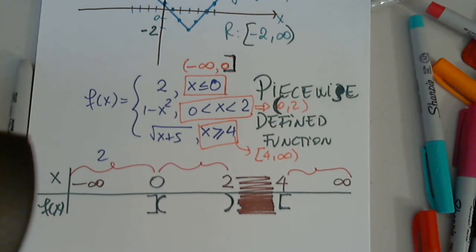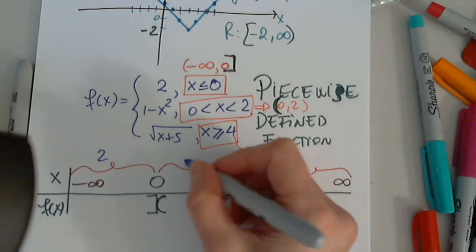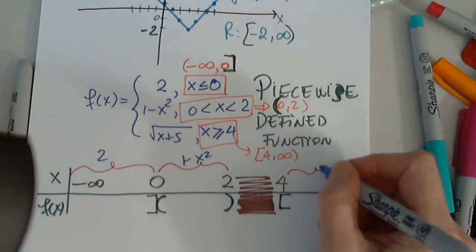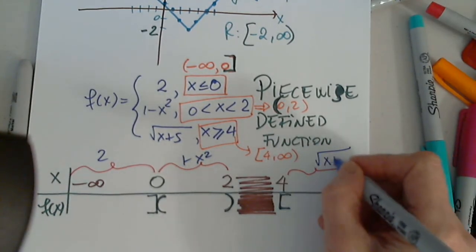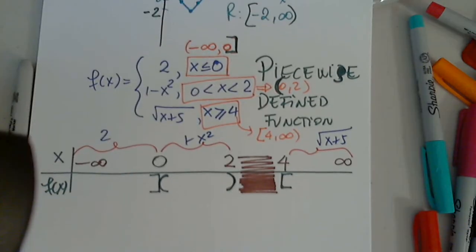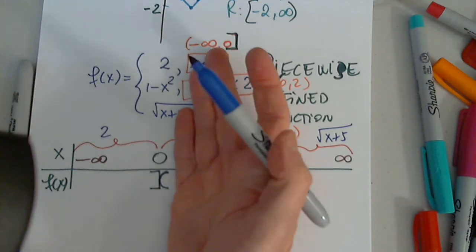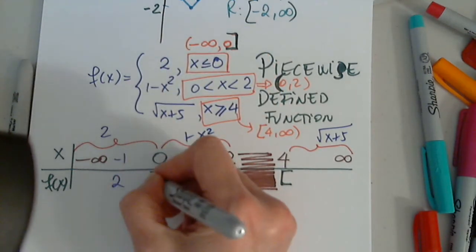Good. The second piece, the middle piece. 1 minus x squared. Great job. And the final piece? Square root of x plus 5. Good. Okay, perfect.